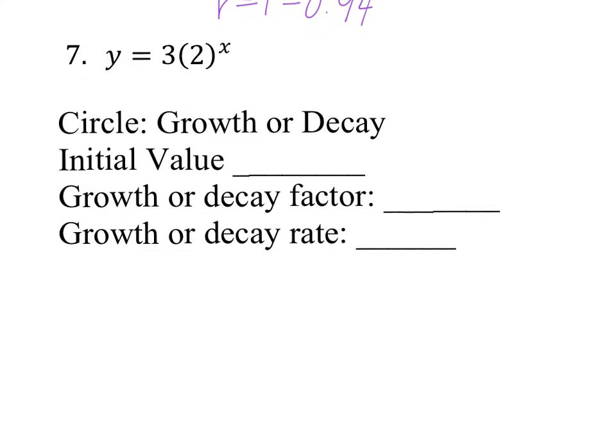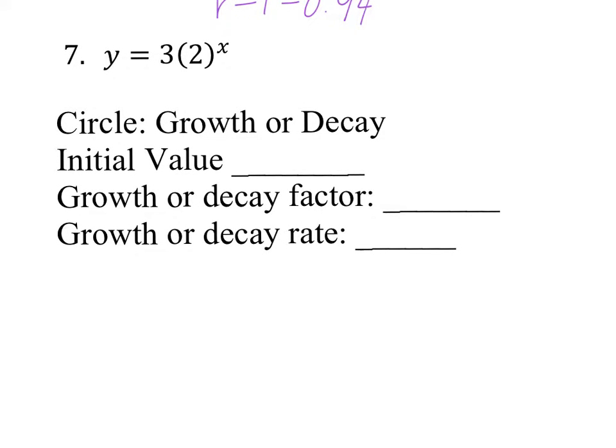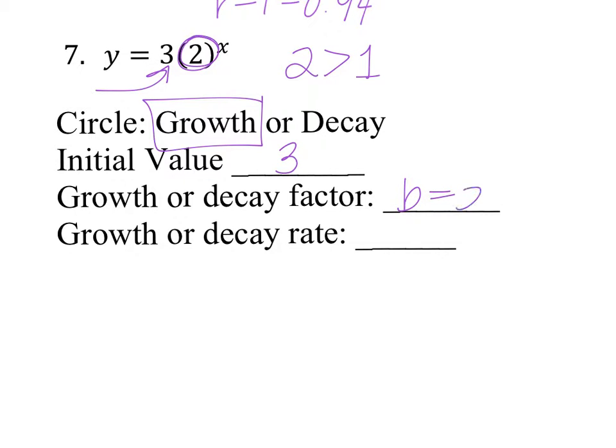All right, let's look at number 7 real quick. Number 7, is it growth or decay? Well, what's B? B is 2. So 2 is greater than 1, so it's going to be growth. Our initial value, again, is what comes first, which is 3. Growth factor, that's just B, and B equals 2.